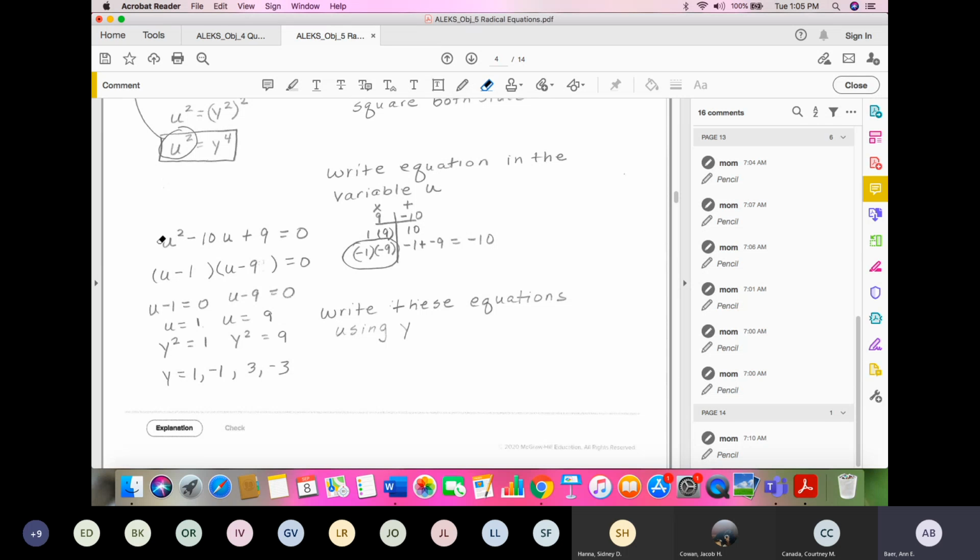Luckily for us, the leading coefficient is an understood 1. So we're looking for two numbers that multiply to give us 1 times 9, which is 9, and add to give us negative 10. So 1 times 9 multiplies to give us 9, but it adds to give us 10. We want negative 10.